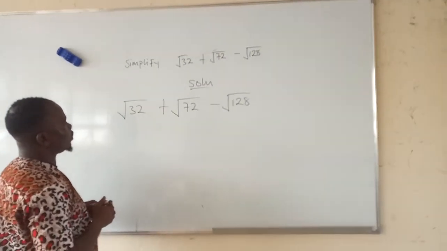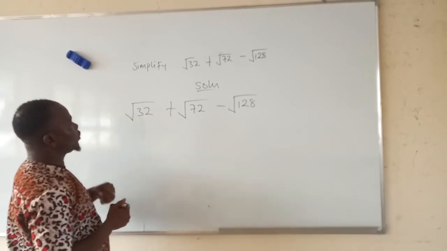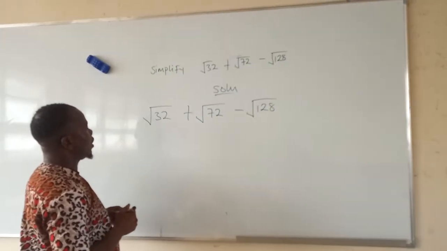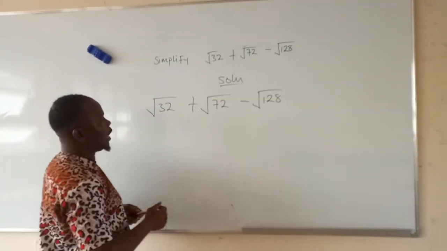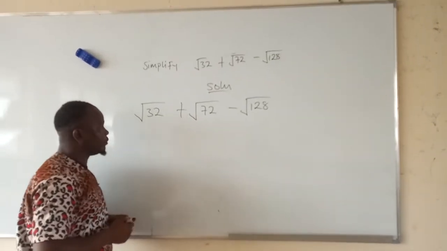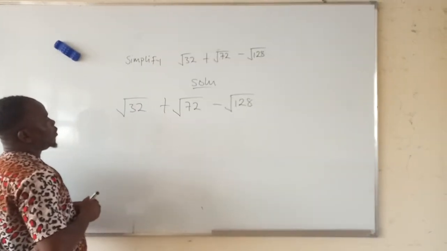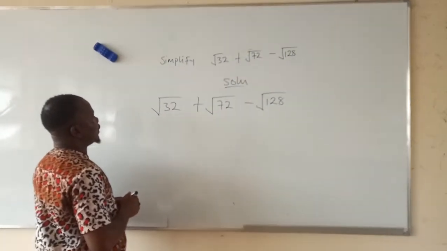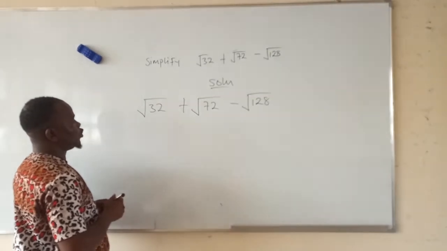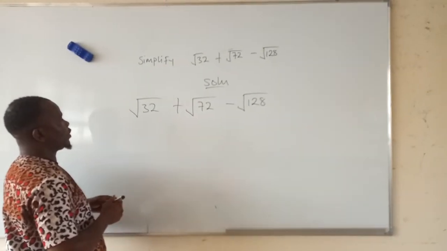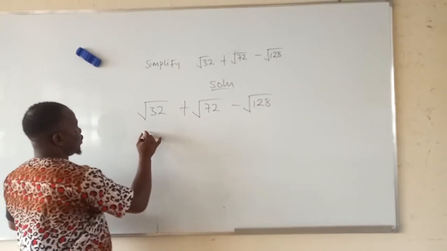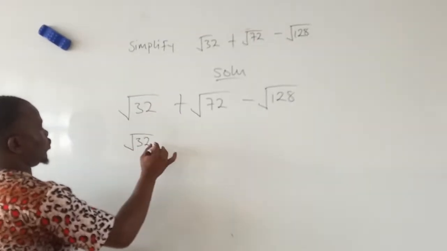Since this is solved, we are going to look at it this way. I'm going to open your eyes to how to solve problems of this form. First, we'll look at the square root of 32. Let us just consider square root of 32.